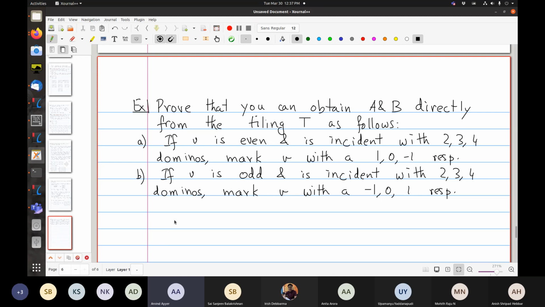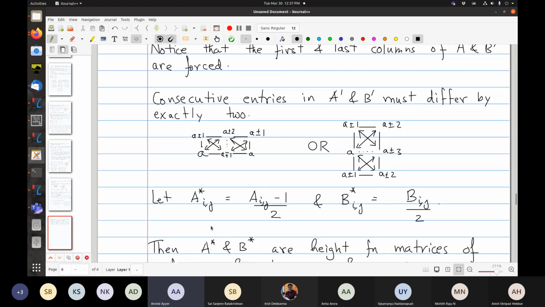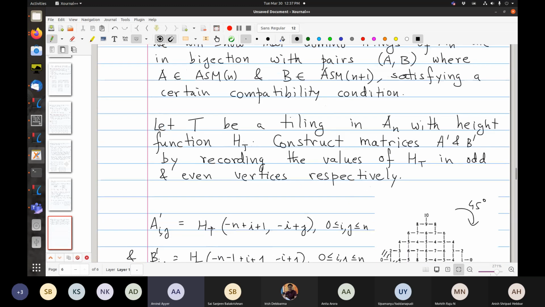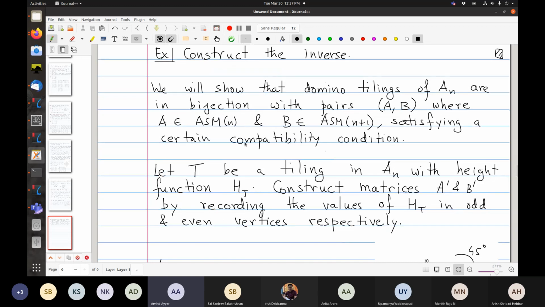Okay, so what we have done so far is, given a tiling, we have constructed a pair of ASMs. Now we want to go backwards, but to go backwards we come to this compatibility condition that I mentioned. As I said, we will show that there is a certain compatibility condition.